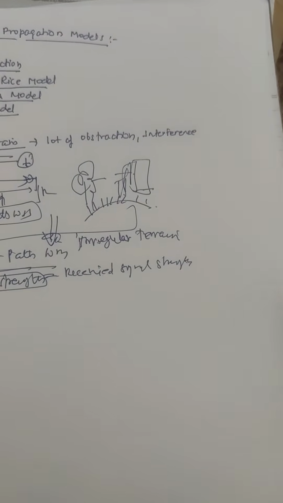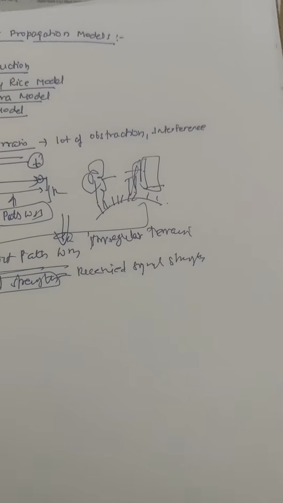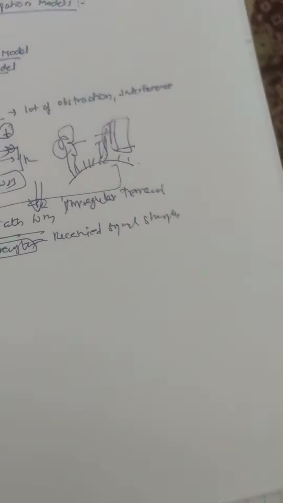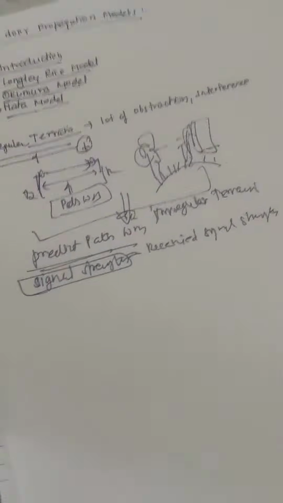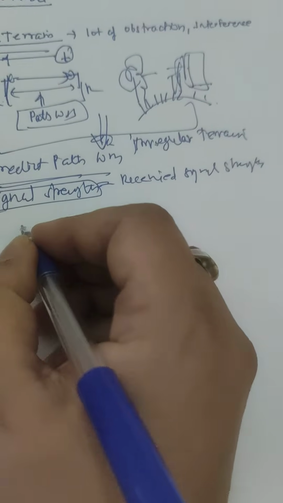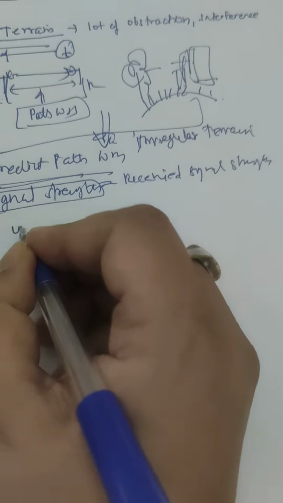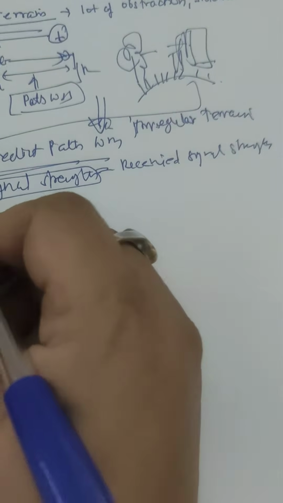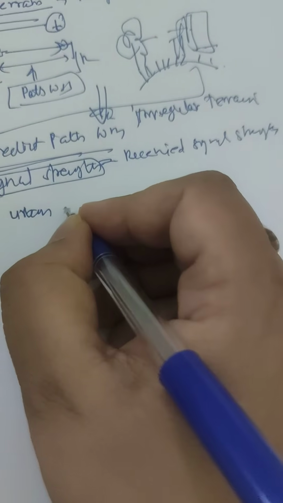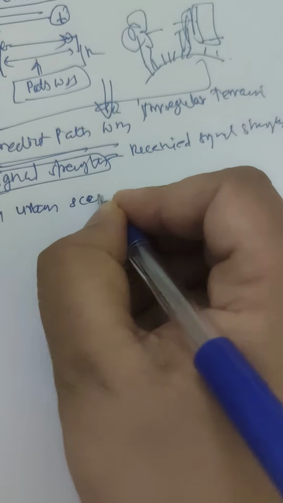Actually we have discussed this in the path loss scenario: what is the received signal strength in several urban scenarios.